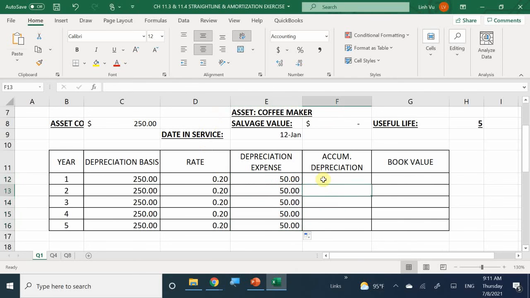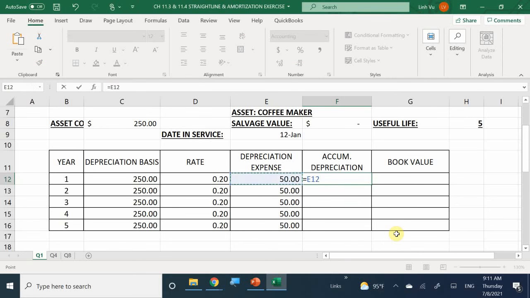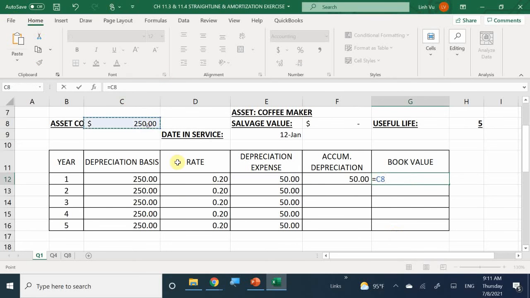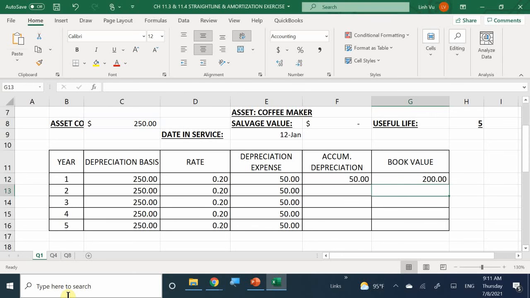Now let's solve for the accumulated depreciation. Accumulated depreciation for the first year is going to be $50, right? And what should be my book value for year one? 200.